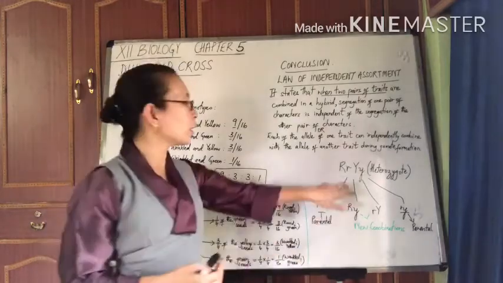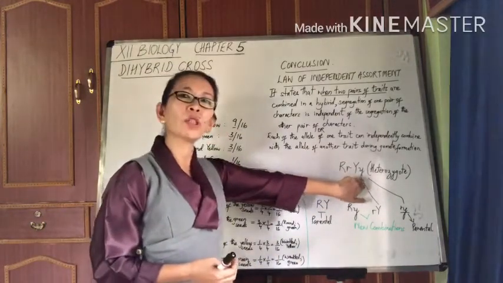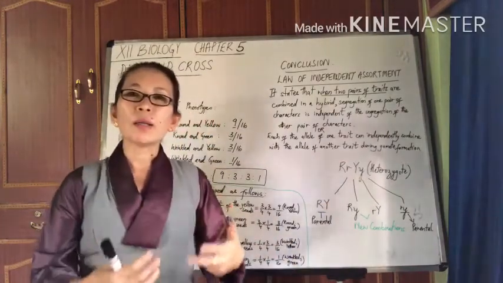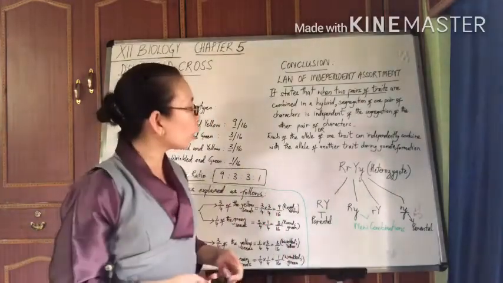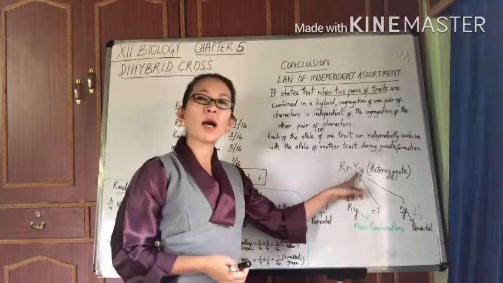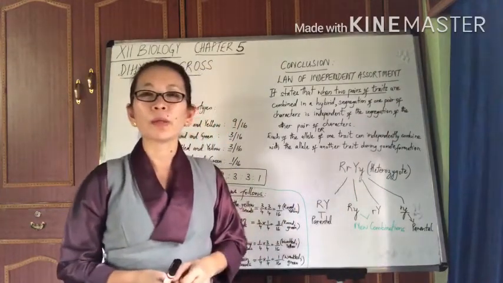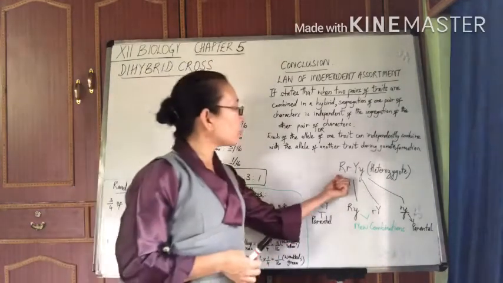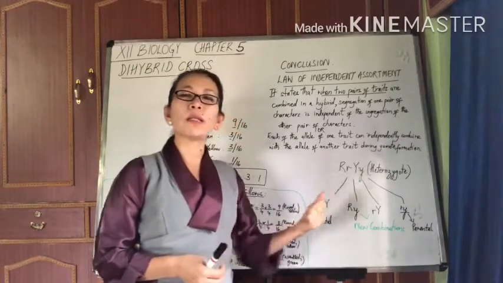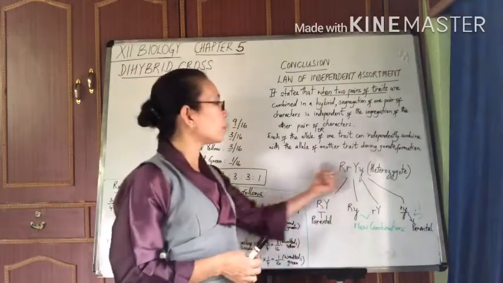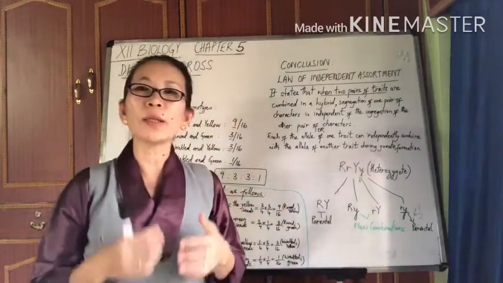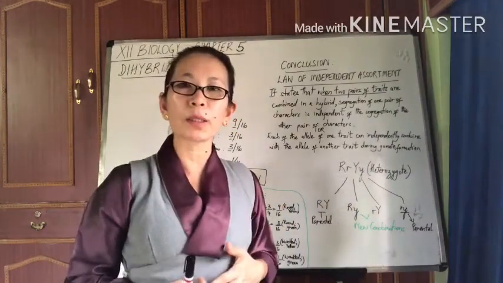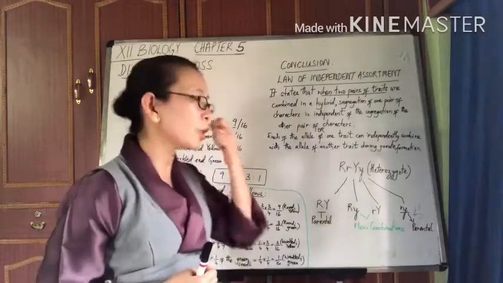Even though the parental genotype is round yellow, in the gametes we need not always have capital R going with capital Y, because capital R has an equal chance of combining with small y. This is how we understand the independent nature of assortment during gamete formation.